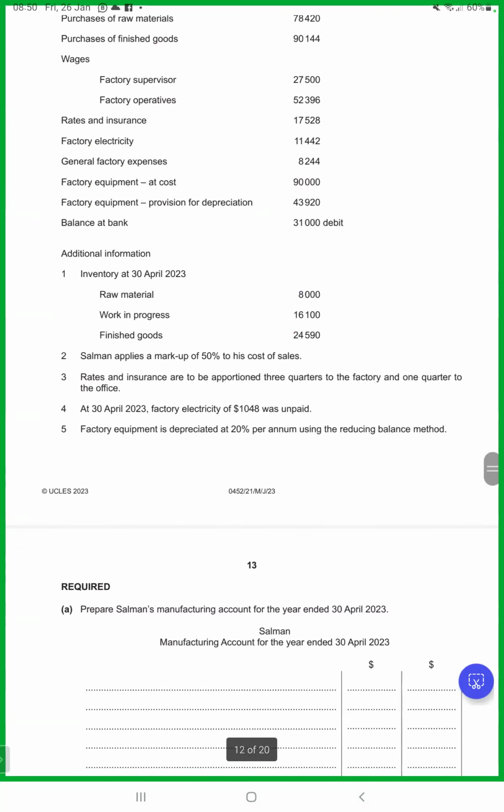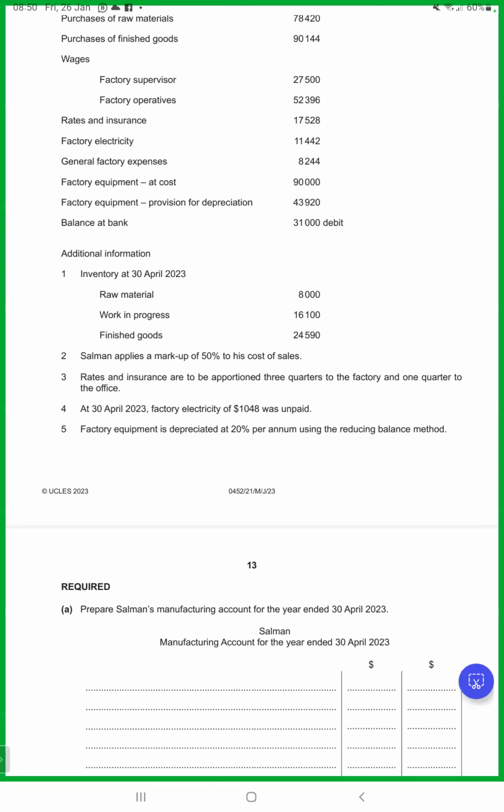Adjustment number 3 says rates and insurance are to be apportioned 3/4 to the factory and 1/4 to the office. Pay attention. What goes to the factory is what we are interested in. We are dealing with the manufacturing account. What goes to the office goes in the profit and loss account, not in the manufacturing account.